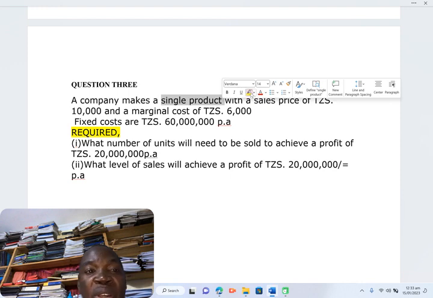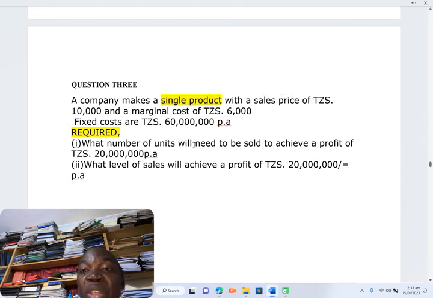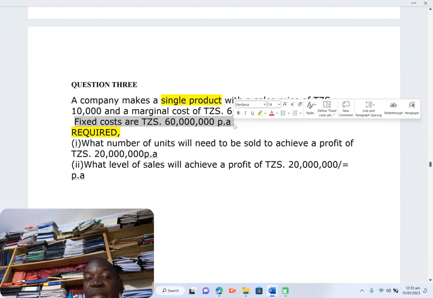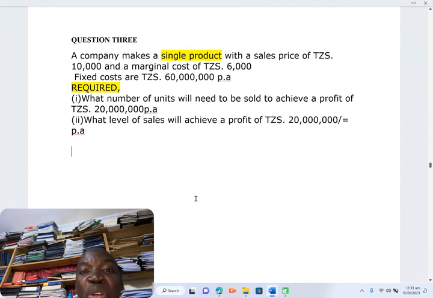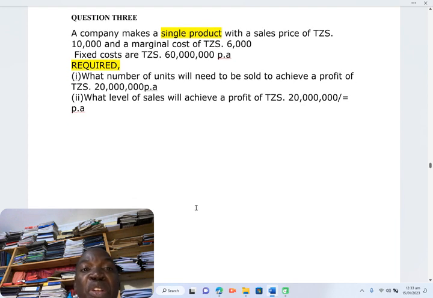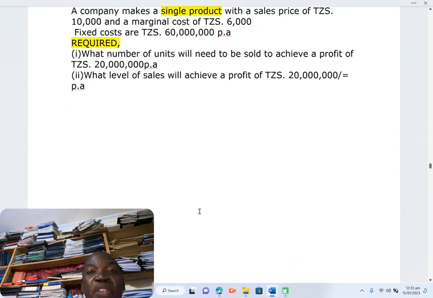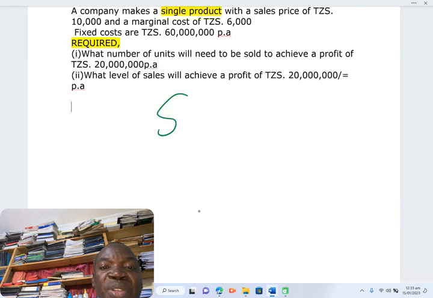The company makes a single product with a selling price of 10,000 and a variable cost of 6,000. The fixed cost is 60 million. So part A: what is the number of units we need to sell to achieve a profit of 20 million? So, solution: it's easy now to go here because we have resolved.